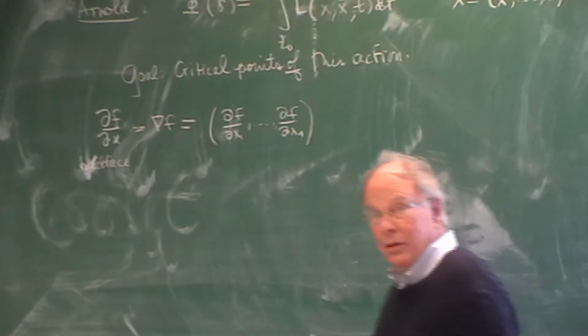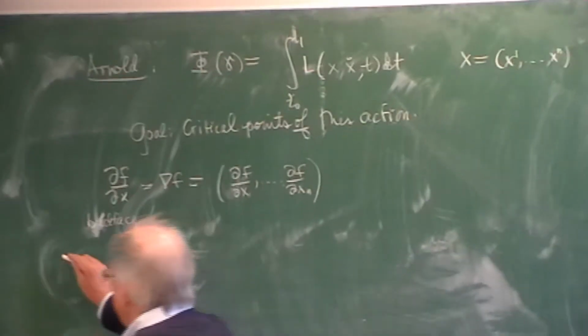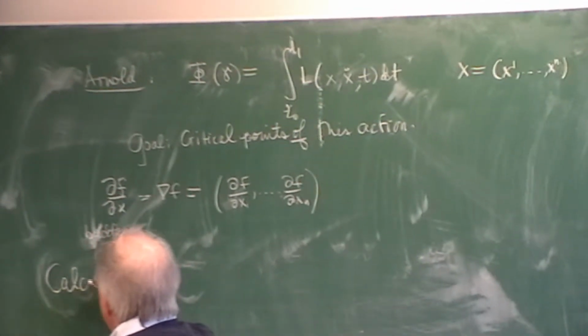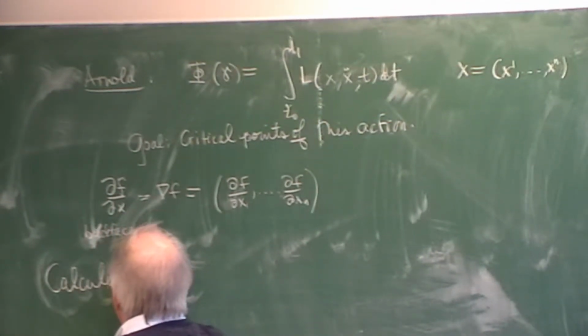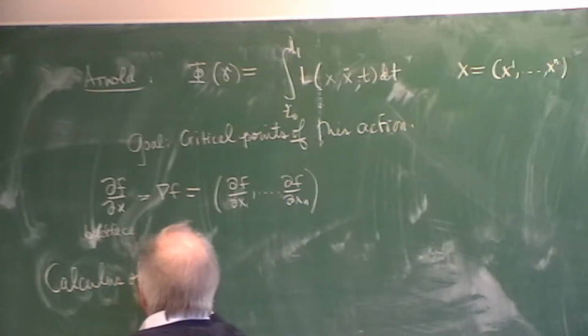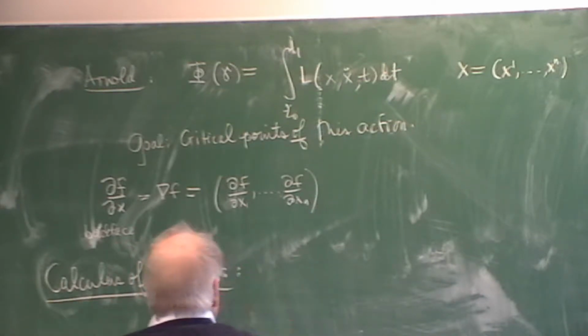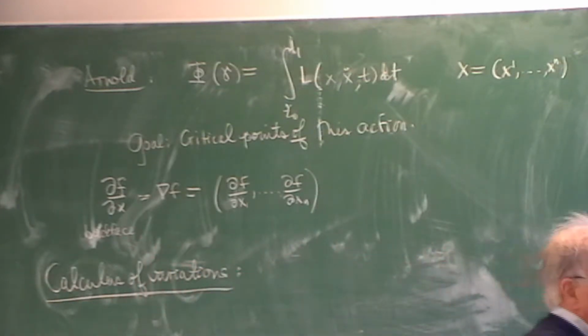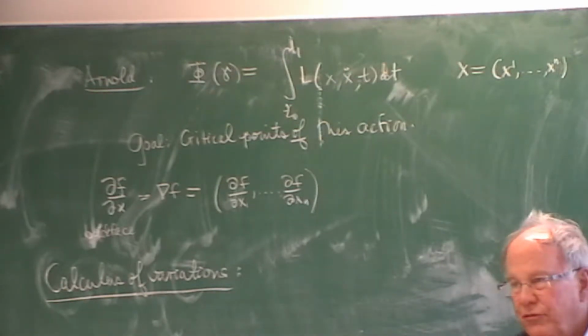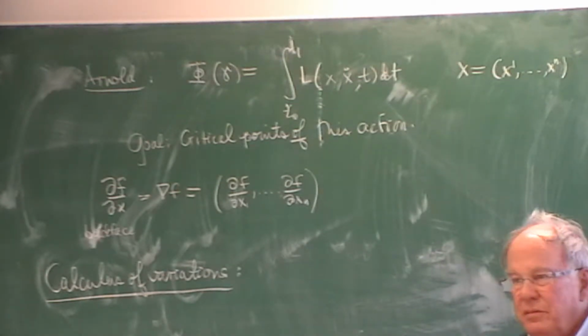So let us start with Arnold. Let's start with the calculus of variations. As you know, for my lectures here, I try to look up some history.